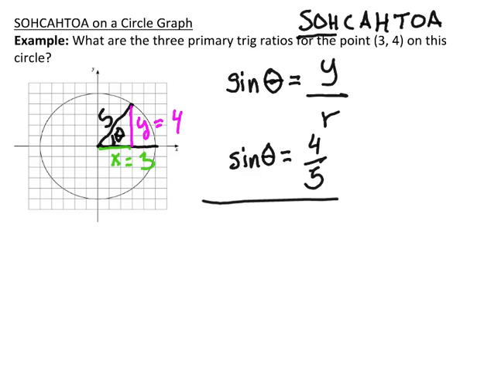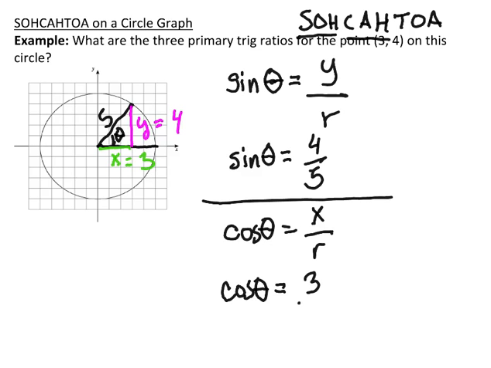For cos, well, cos of theta is the adjacent divided by the hypotenuse. The adjacent side is x here, and the hypotenuse is r. So cos of theta for this particular circle and that point on that circle would be 3 over 5.